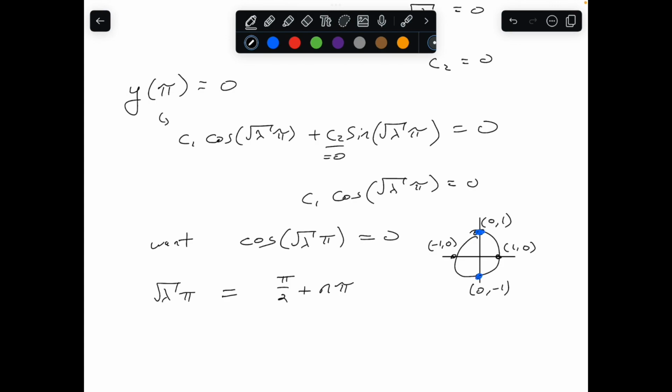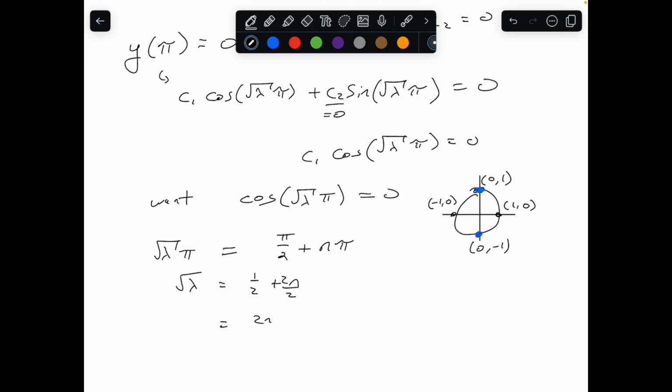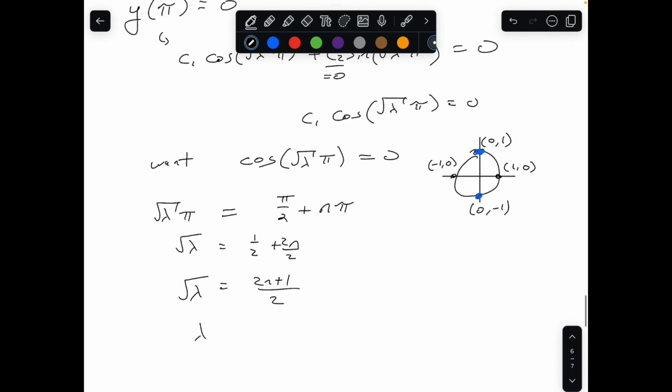So this has to equal pi halves plus n pi. We could divide both sides by pi, and this gives us a half plus n. And I'll simplify that, this is like 2n over 2. And so then we can write this as (2n plus 1) over 2 equals square root lambda. And so lambda is equal to ((2n plus 1) over 2) squared.